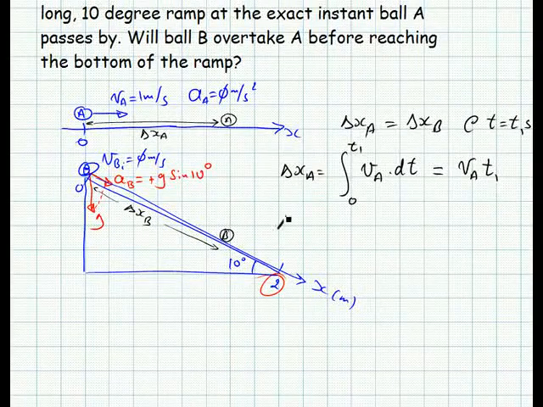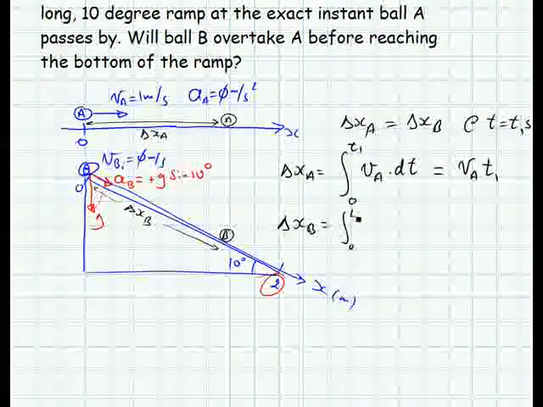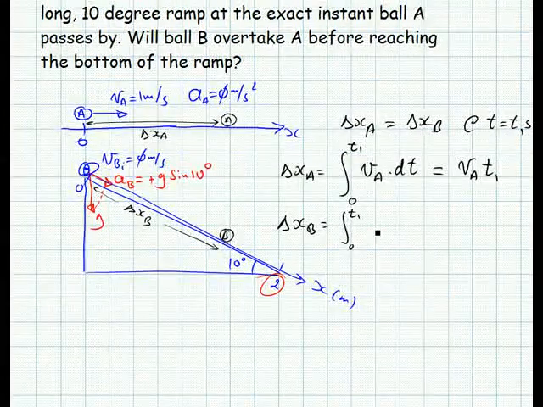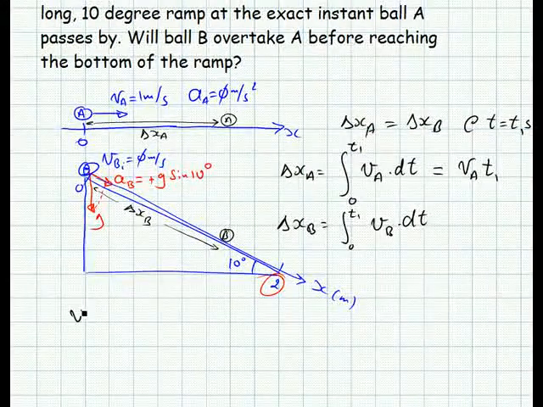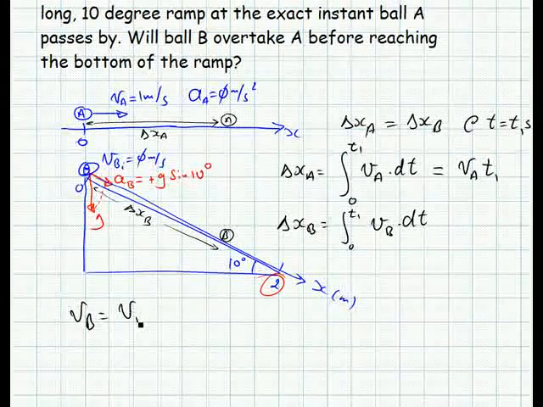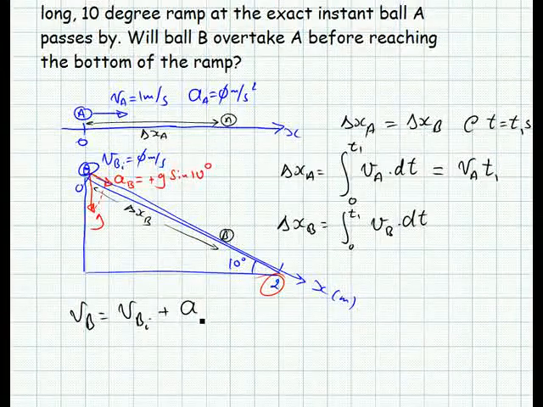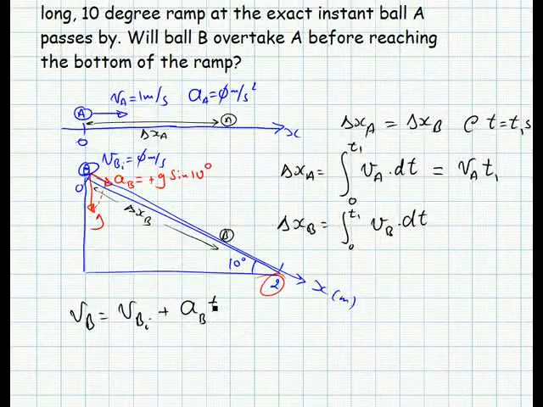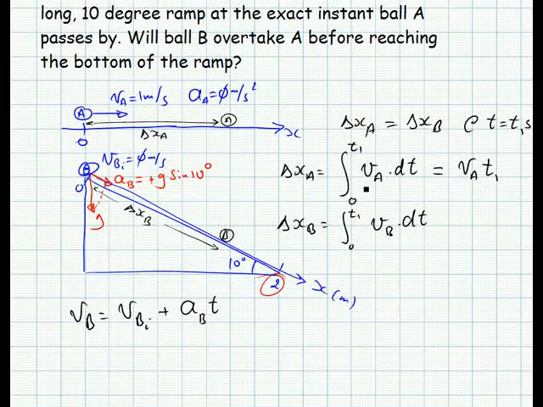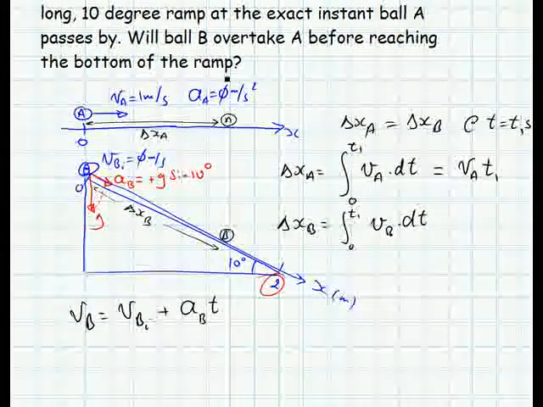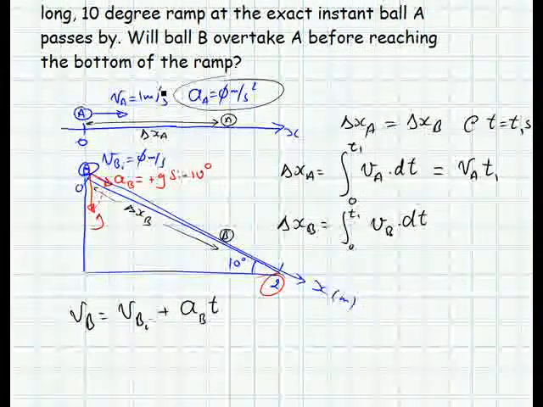T1 rather. Now delta XB on the other hand is also the integral from 0 to t1 of velocity B dt. But notice velocity B is equal to velocity B initial plus acceleration of B times t. Now in the first case, since acceleration of A is 0, I did not consider the acceleration term.